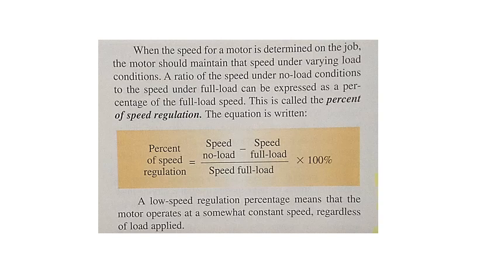This is called the percent of speed regulation. The equation for this is written as shown on the screen, where percent of speed regulation equals speed no load minus speed full load, divided by speed full load, times 100. A low speed regulation percentage means that the motor operates at a somewhat constant speed regardless of the load applied.